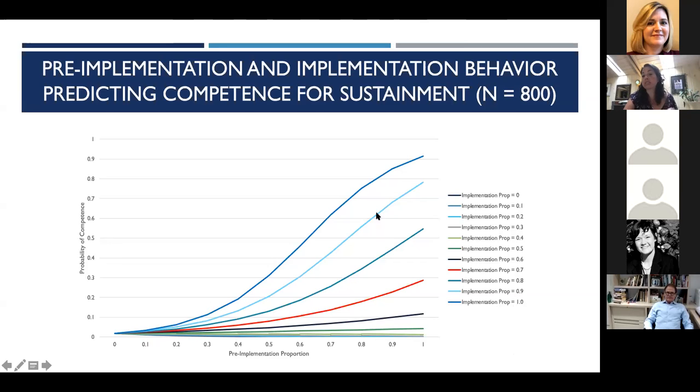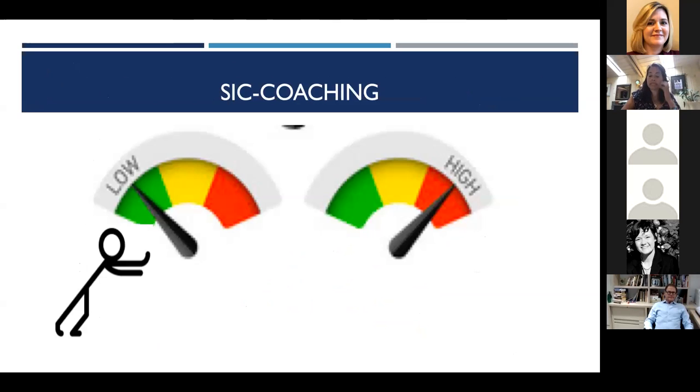So what we've learned is that the best implementation, if we ignore pre-implementation, still unfortunately will not get us to have our youth substance use programs sustaining into the future. So I wanted to take all of these lessons learned and see, could we develop a facilitative approach?